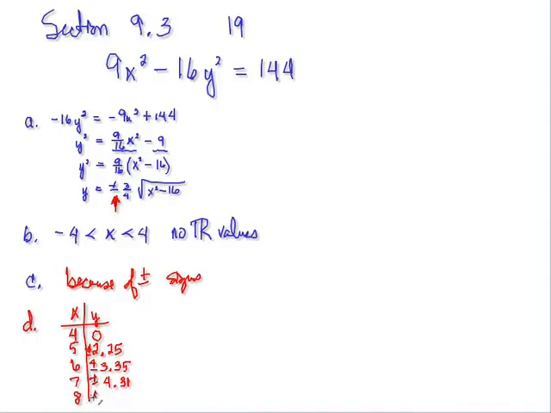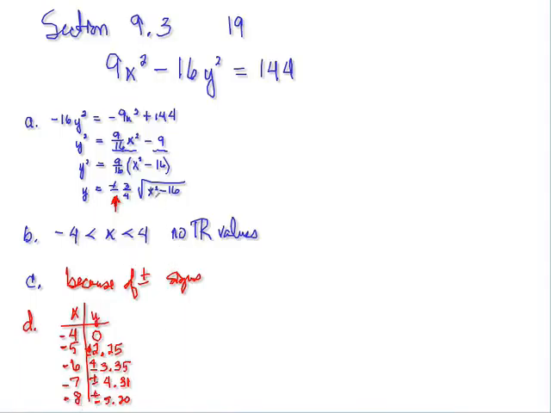All right, that's D. Now E, it says explain why you can use the same table of values of y for values of x between -4 and -8. I mean, I could do the same thing, but if all I have to do is just put a negative here, it's exactly the same, right?